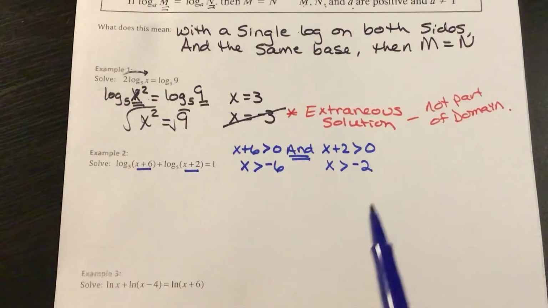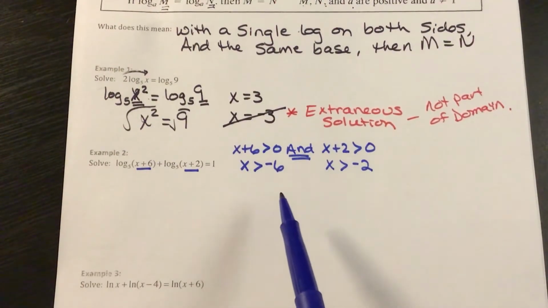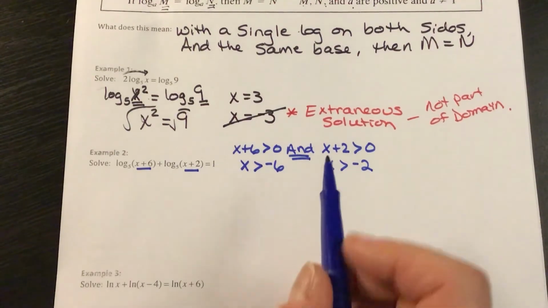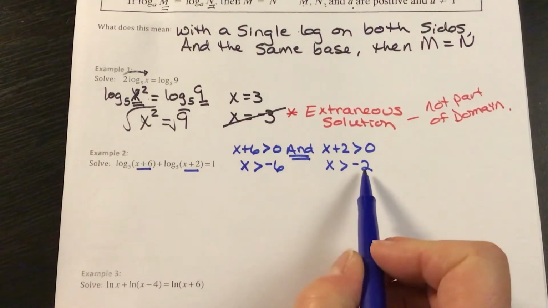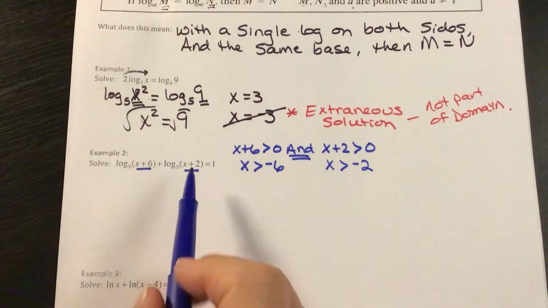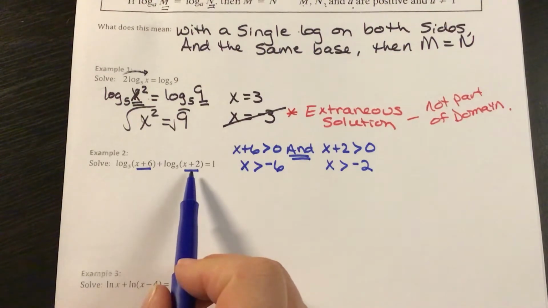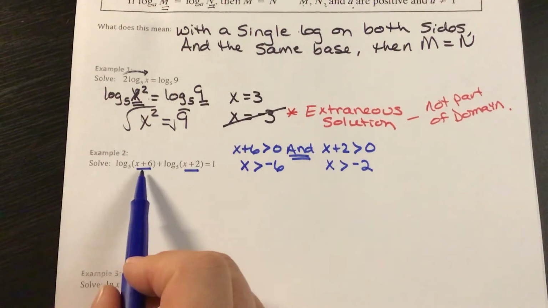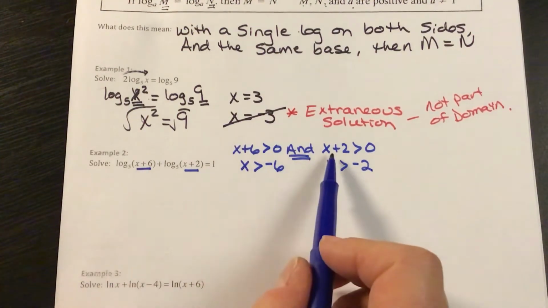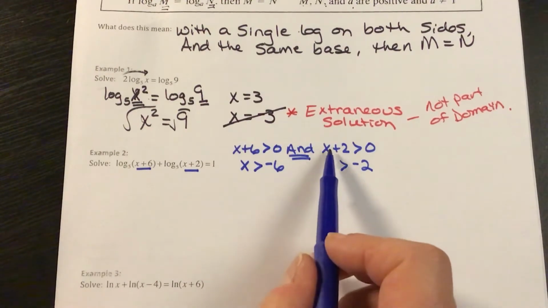Let's just pretend that I get a value of -4. I know that -4 is greater than -6, so that would work in this sentence, but not in this sentence. So -4 would work here.